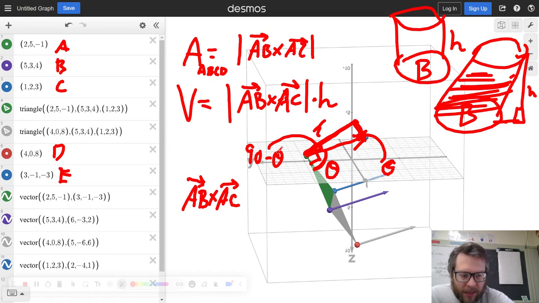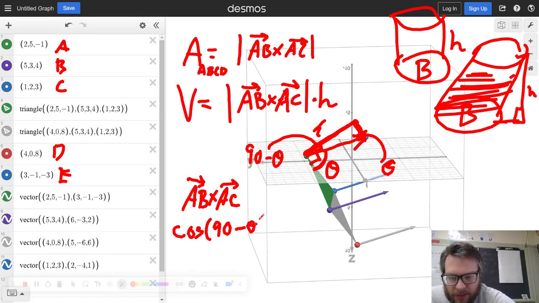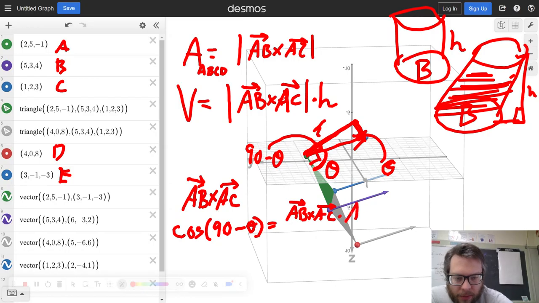The angle between those is 90 minus theta. So I know that cosine of the angle in between those, 90 minus theta, would equal the cross product dotted with AE divided by magnitude of the cross product times magnitude of AE.